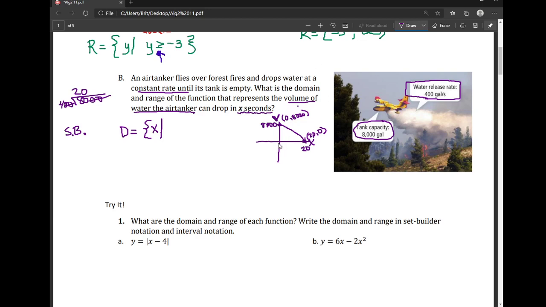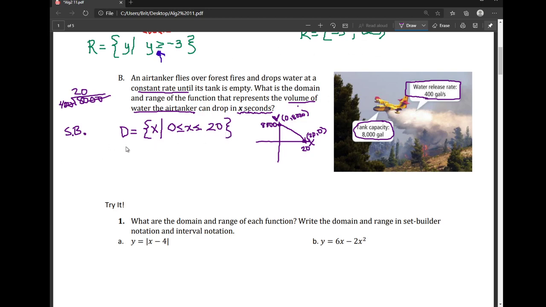My minimum x value is right here at 0 seconds. So I know that x is between 0 and then the biggest value here is 20. So I know that I'm going to have some kind of compound inequality like this. And I know x is greater than 0, and I know that x is less than 20. So there is my set builder notation.